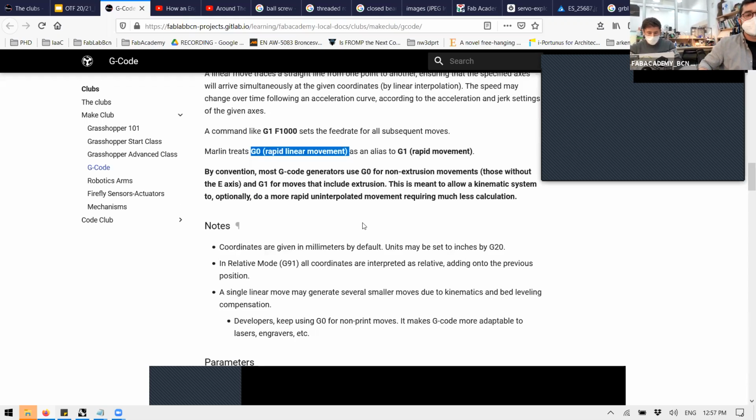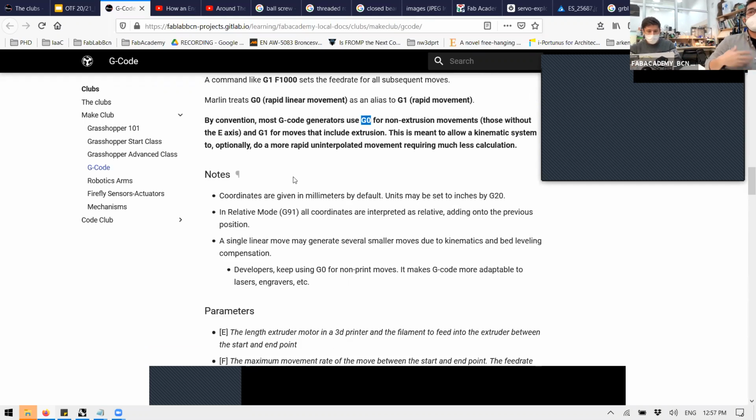So that's a standard. You can use G0 to produce cutting movements, yes, but in general, if you make a file, it understands: use G0 to not do anything, just move in the air, and G1 to actually do something, an action in your movement.